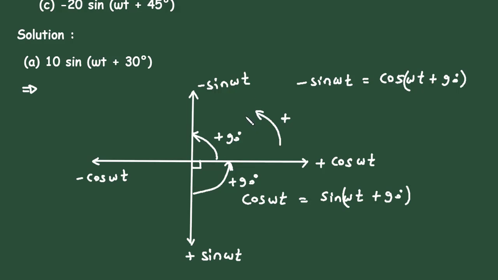Now if we are moving from here, minus sin omega t, to cos omega t like this, here we have to add minus 90 degree. That means the formula will be cos omega t is equal to minus sin omega t minus 90 degree.